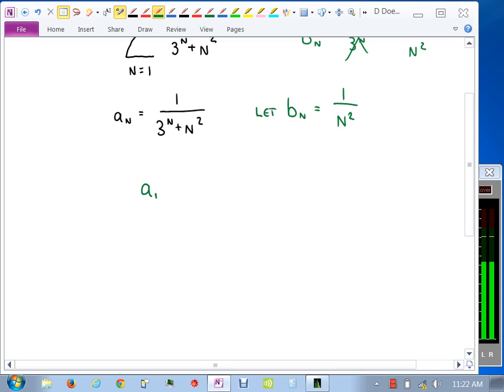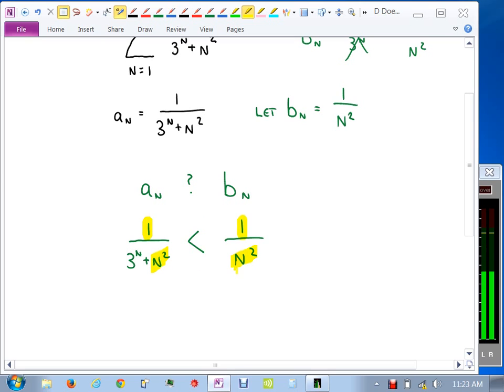What is the relationship between a sub n and b sub n? The question is, what's the inequality between the two? So let me write down what a sub n is. Let me write down over here what b sub n is. And what is it? a sub n is less than b sub n. Now, the reason why is because the numerators are identical.